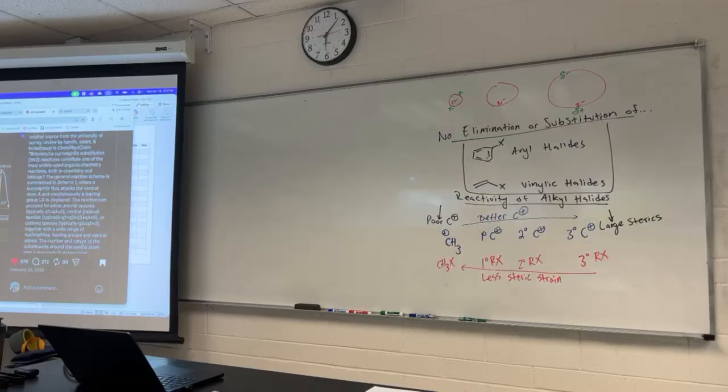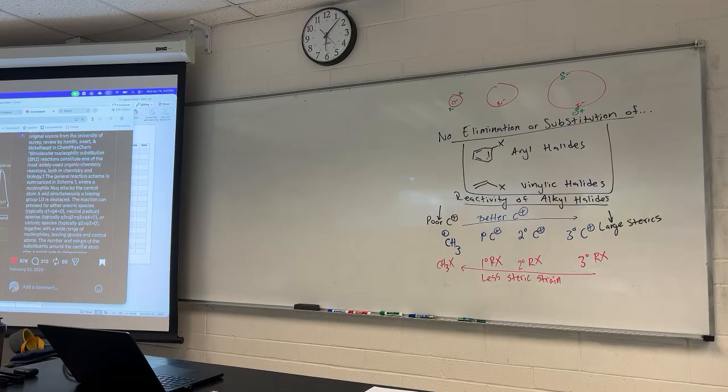I screwed up. Yeah, so this terminal starting material was supposed to be used with the HX addition, because HX is regioselective, so I wanted to show the regiochemistry. This internal one was supposed to be used for the X2 additions, because it's not regioselective. Okay, I'm following.